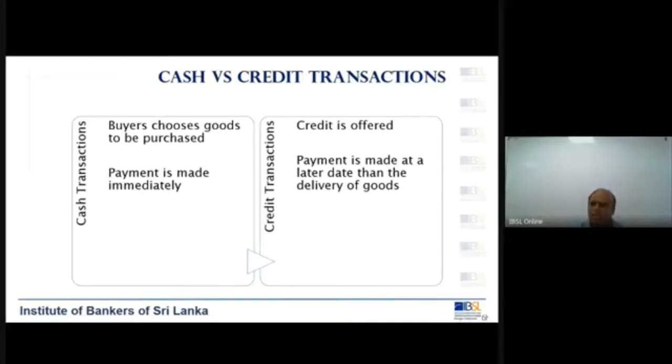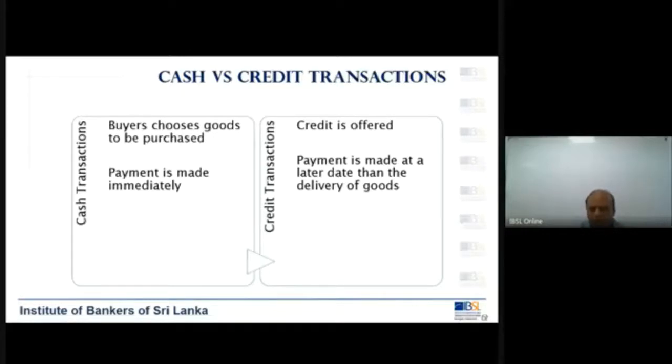Now, when can this happen? Can you just go and step into a shop and ask for credit? No, it won't happen. So credit transactions happen over a period of time through a business relationship where trust is built up. So based on this trust only, the seller and buyer will come into an agreement to purchase goods or sell goods and make the payment or receive the payment at a later date.